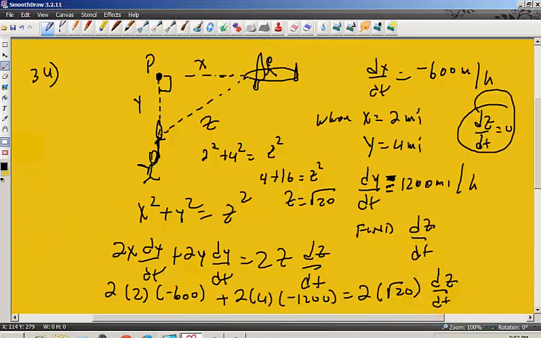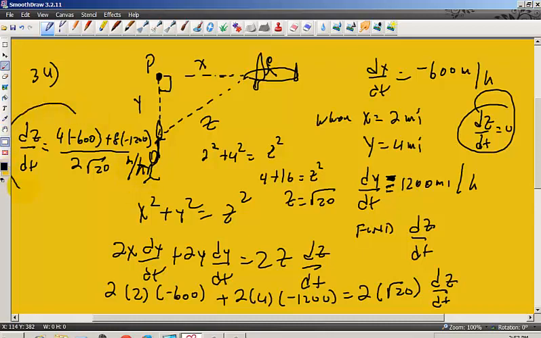So my dz/dt, what I'm solving for, turns out to be 4 times negative 600, just trying to save some space, plus 8 times negative 1200, all divided by 2 over rad 20. And this will be in terms of what, miles per hour. Always put units and a short sentence.